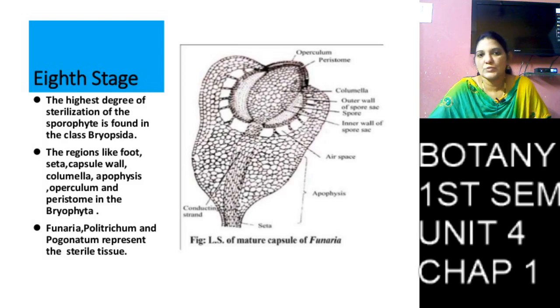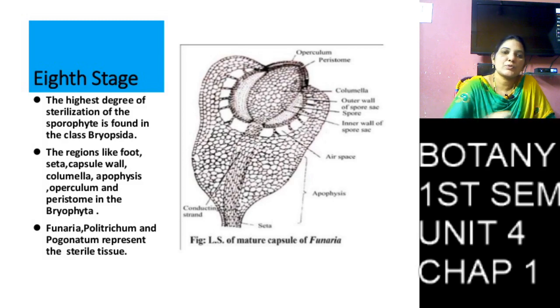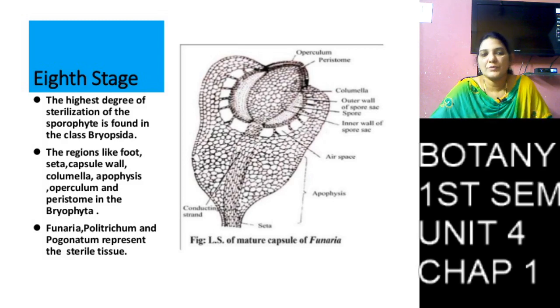So columella also present here. Columella gives mechanical support to the sporophyte. So we can see the picture of a well developed sporophyte. We can see the columella, spore sacs contain spores, and apophysis present here, theca, operculum, peristome teeth, diaphragm present here.